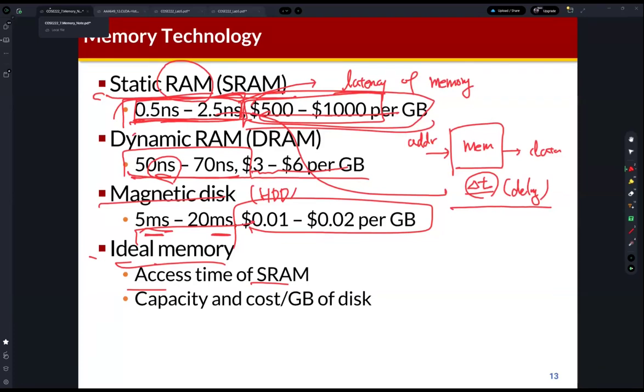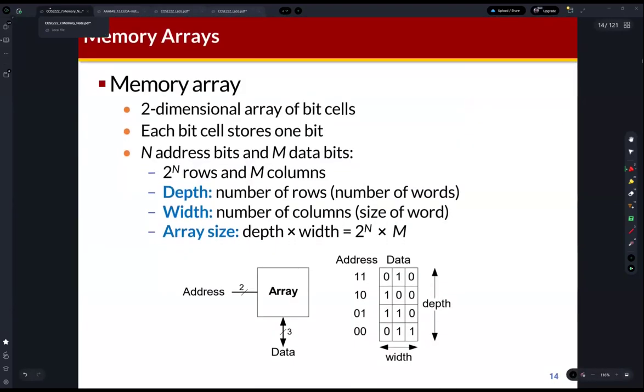So let's briefly learn about memory technology. What is memory? Memory is just a device that can store data. We can understand memory as an array.